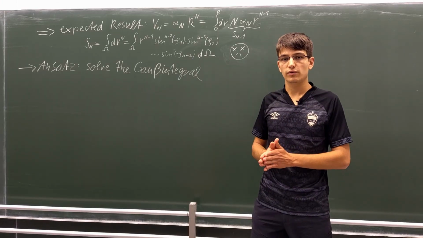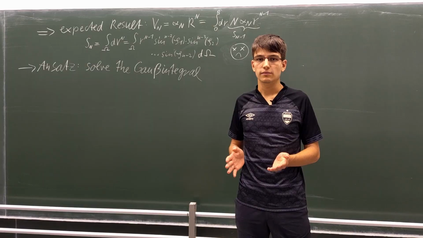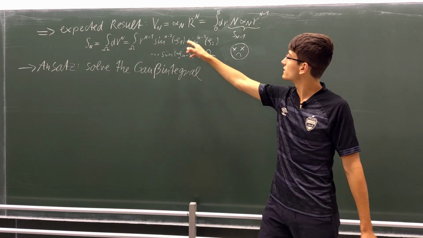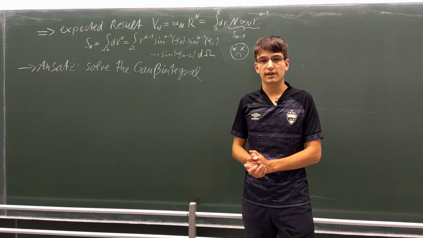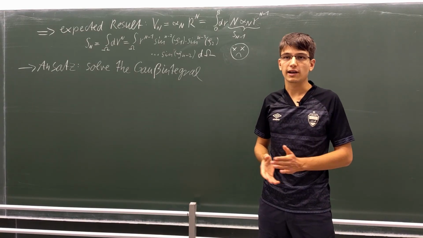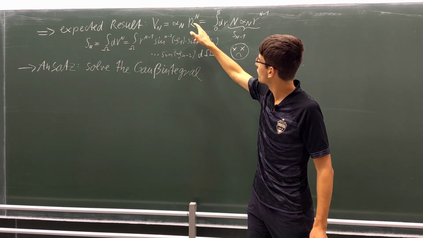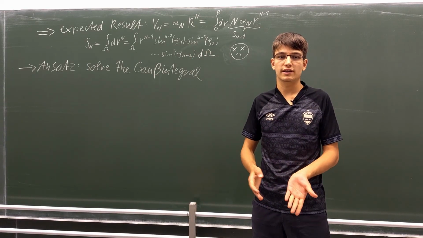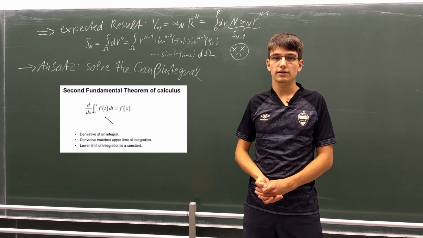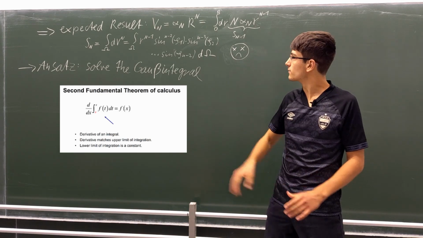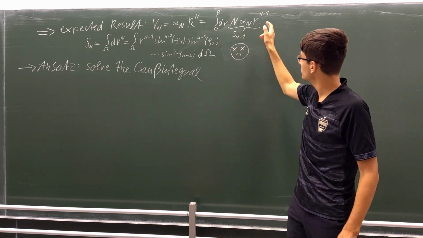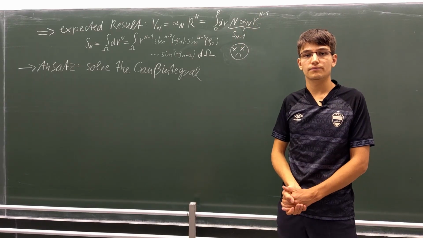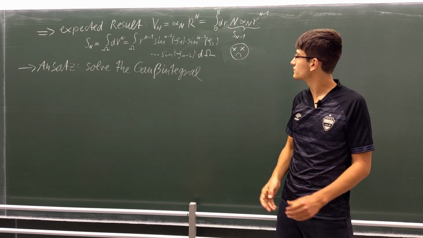The expected result of the volume of the n sphere has to be in the form alpha n, which is some kind of constant depending on the dimension and independent of r, times r to the power n. We can use the fundamental theorem of calculus to write the volume in the integral form, and this part is just the derivative in terms of r.